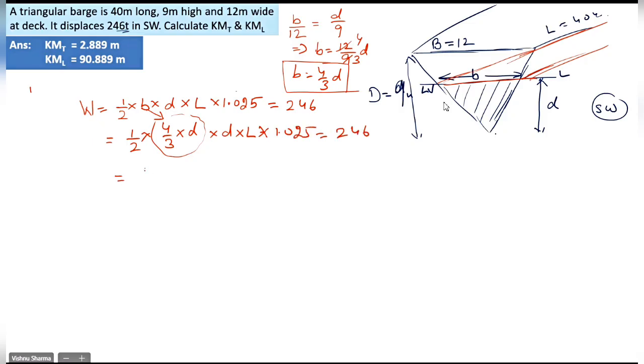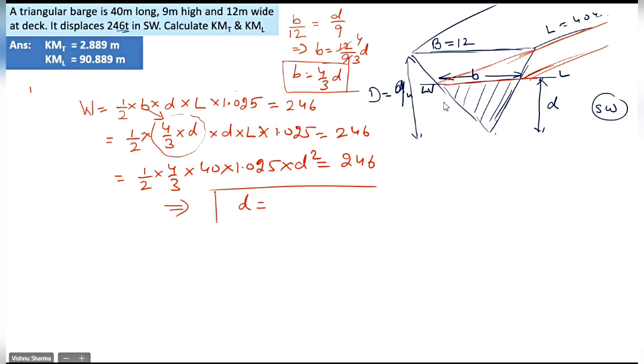We know everything, so it is 1 by 2 into 4 by 3 into length 40 into 1.025 into D square is equal to 246. You can solve it and give me the value of the draft. What is the draft? 3 meters. Okay. Anybody has any questions on calculating the draft? Anybody has any doubts?